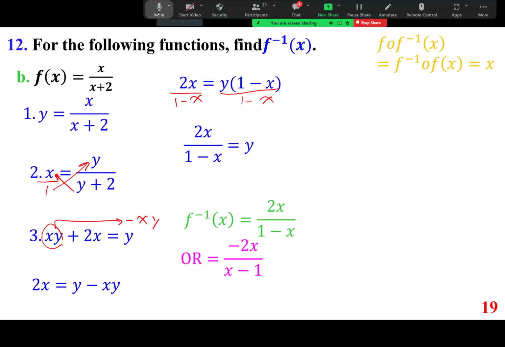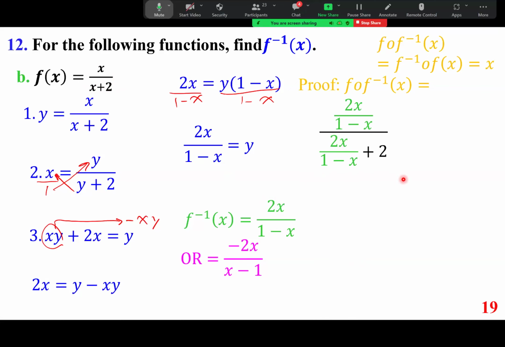And by the way, you have to come up with one of those. So this is F of X, F of F inverse. You replace the X with either the green one or the red one. So X is 2X over 1 minus X, same thing here.